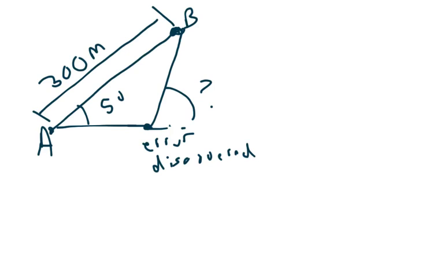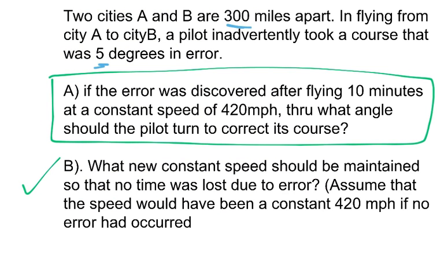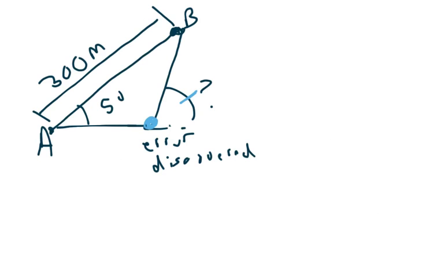I drew a picture here. Here's where the error was discovered, and we are looking for this angle here. So the first thing we need to know is that this is 10 minutes. So, and we're talking about hours here. So we need to show that 10 minutes equals 1/6 hour, because you're just dividing this by 60 minutes.